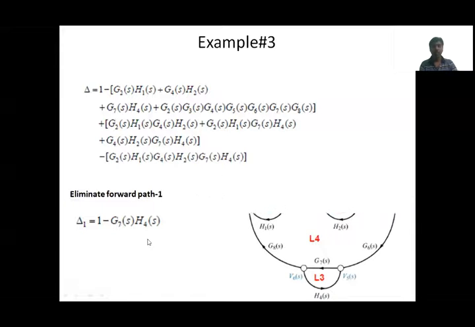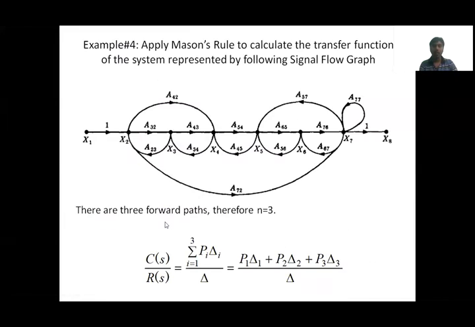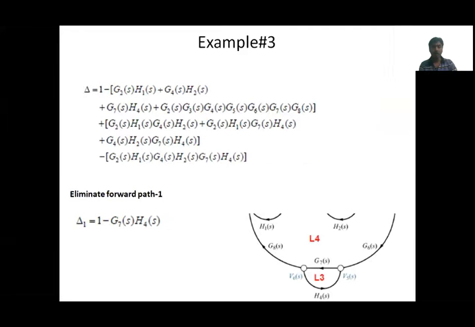Now we substitute in Mason's gain formula, then we can get the transfer function.